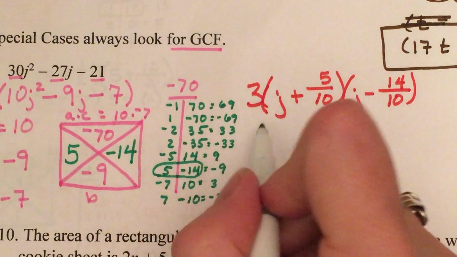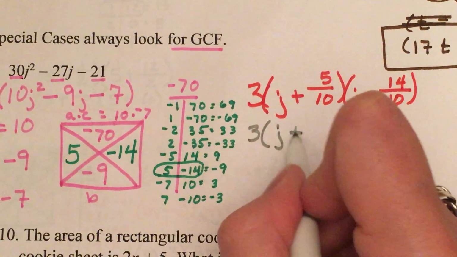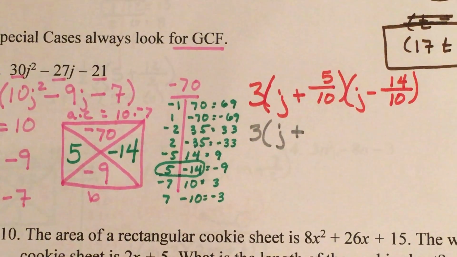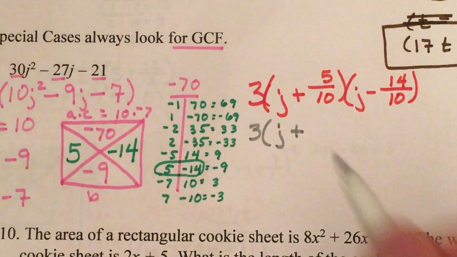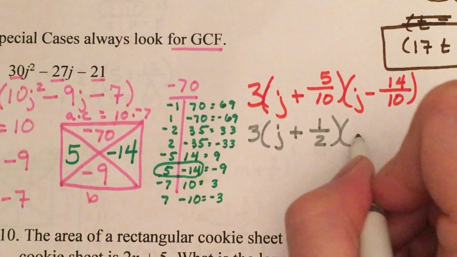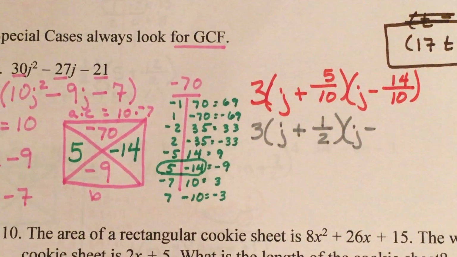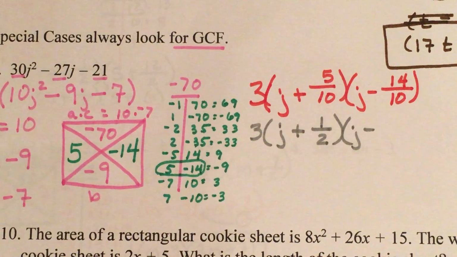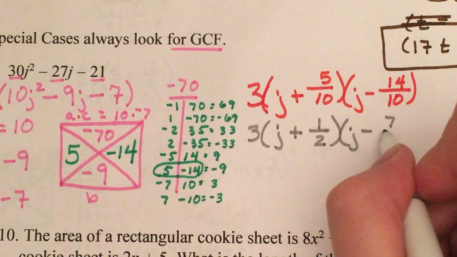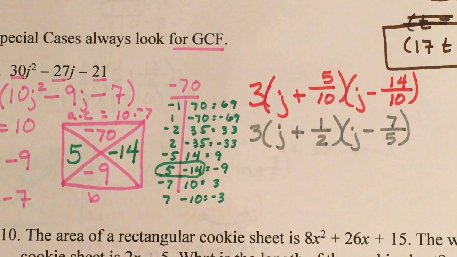So I have my 3, j plus 5 and 10. That does reduce, but that's not 2. What is that? Yeah, that's 1/2. Good. J minus. Now 14 and 10, those are both divisible by 2. 14 divided by 2 is 7. 10 divided by 2 is 5.